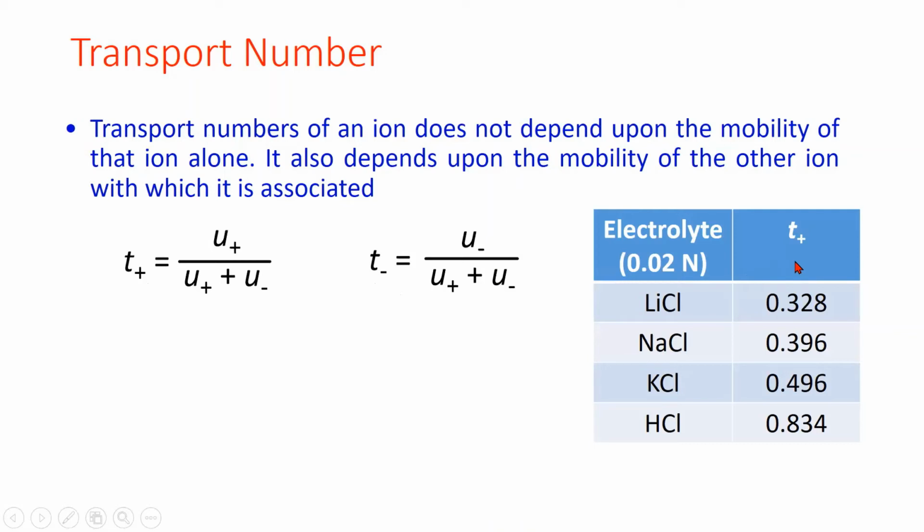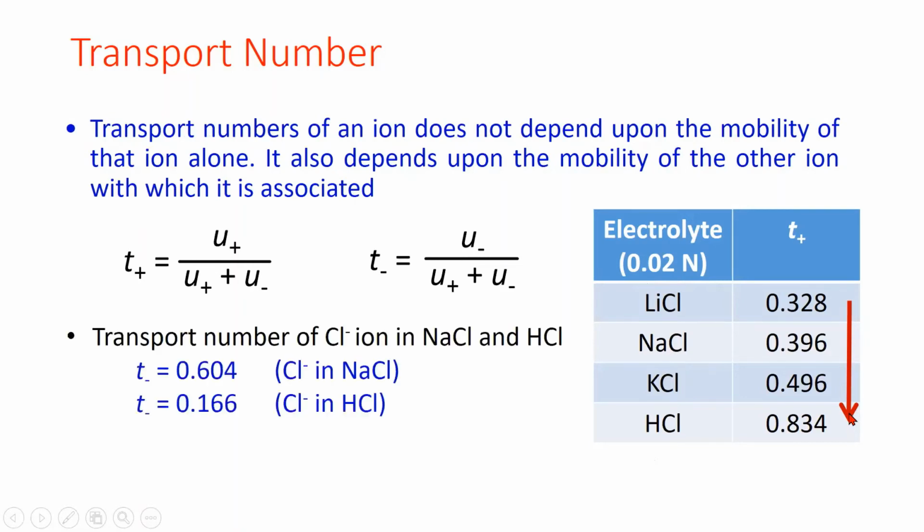This table shows the transport number of cations for lithium chloride, sodium chloride, potassium chloride, and HCl. We can see the transport number is increasing in this order.